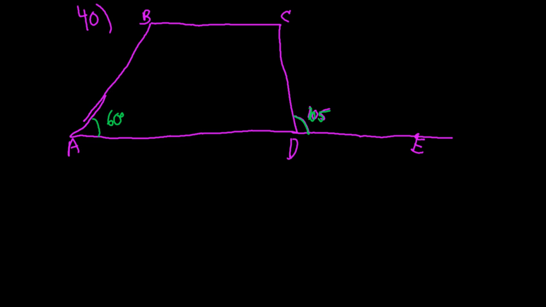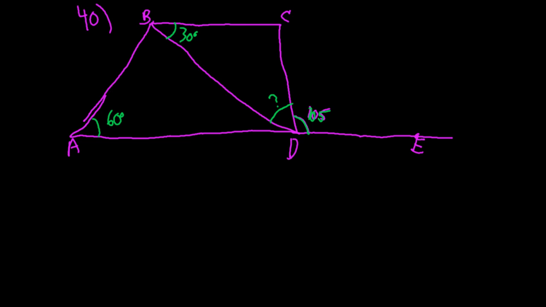Oh, and there is this diagonal line going straight from B to D. Angle CBD right here is equal to 30 degrees. And it wants to know what is angle CDB, right here, this angle.